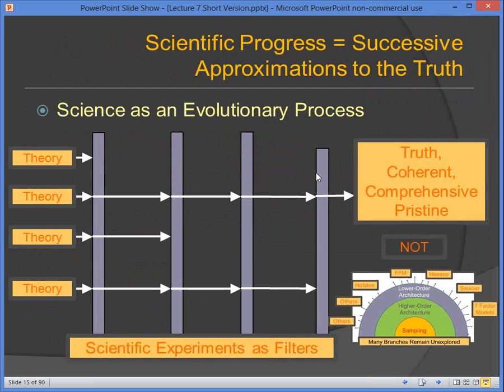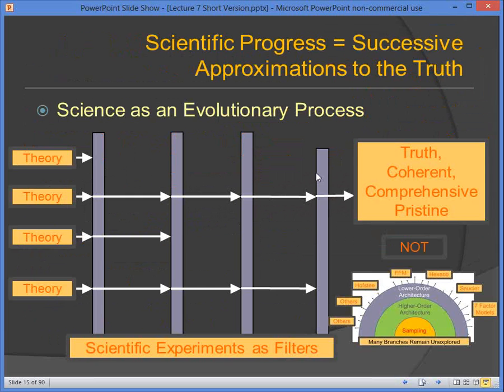We have this idea that we've got many different scientific theories and that experiments are filters that the theories have to pass through. Sometimes the theory is in accord with the empirical evidence, and sometimes it is not. Theories that are not in accord with the empirical evidence are simply rejected. They fall into the trash basket of history, and they may be revived again or tweaked in some way, but for the moment at least they're out.